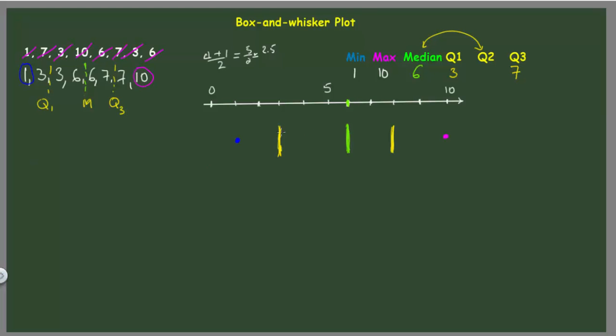We can just connect the other part of our box. So we have something like this. And on the top also connecting. And that's our box. Now we just need to connect the whiskers to it.